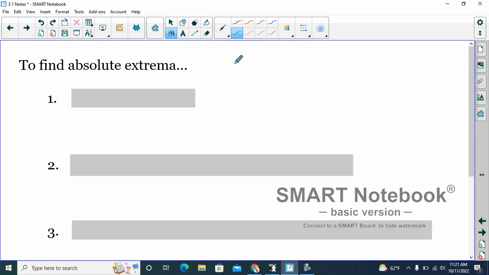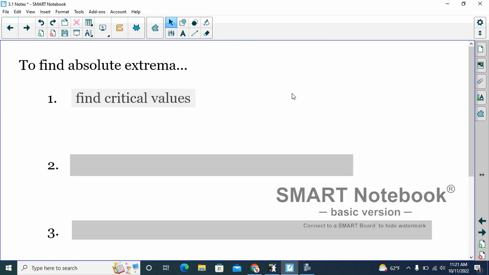So to find absolute extrema, the first thing we're going to need to do is find those critical numbers. We need to take the derivative, set it equal to 0, solve, and don't forget to consider where the derivative might be undefined.